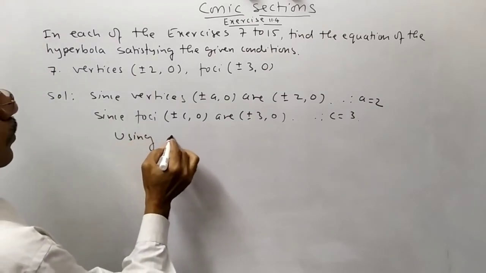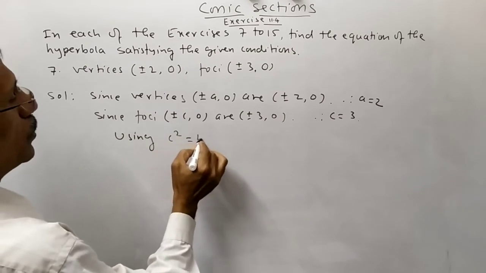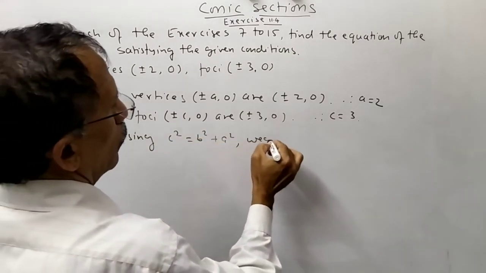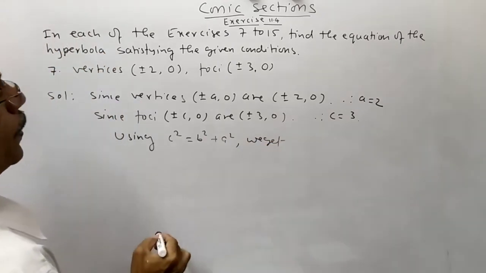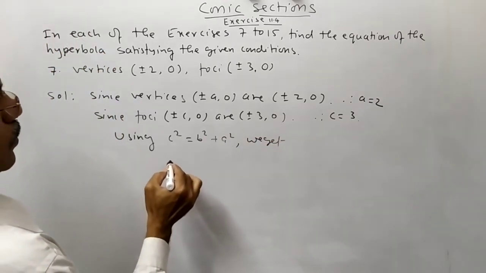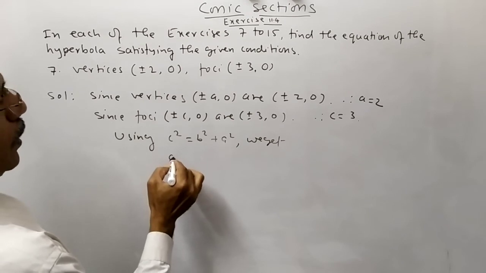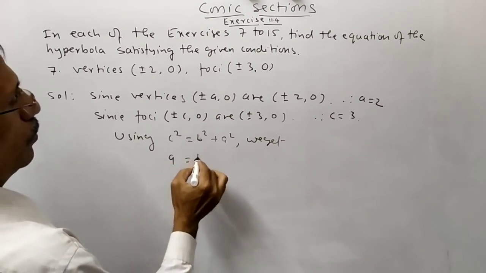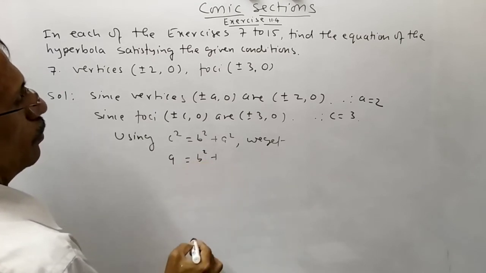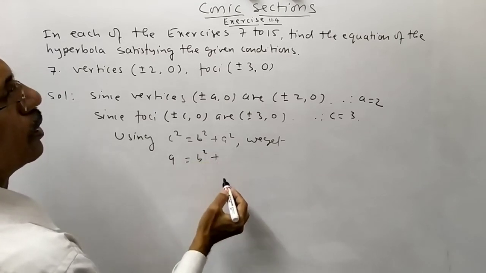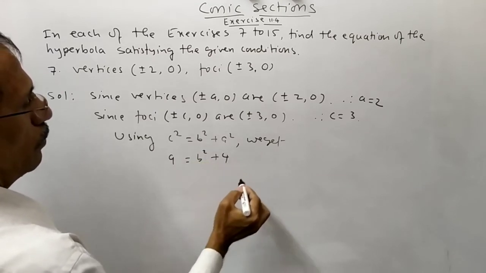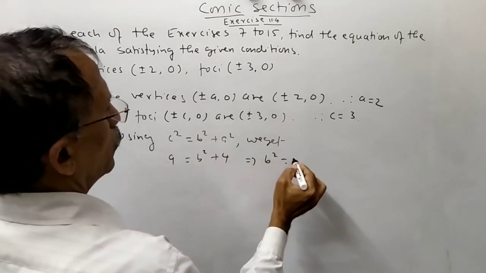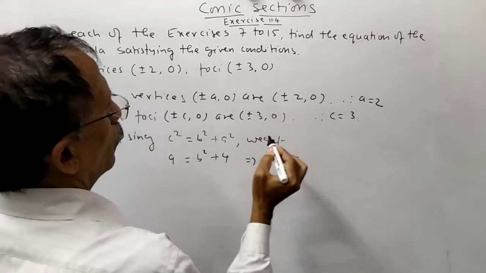Using c square is equal to b square plus a square, we get 9 is equal to b square plus 4. This implies b square is equal to 5.